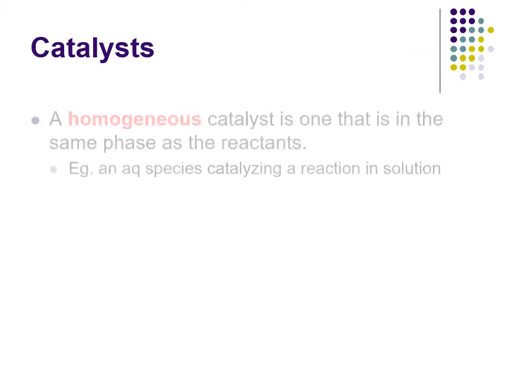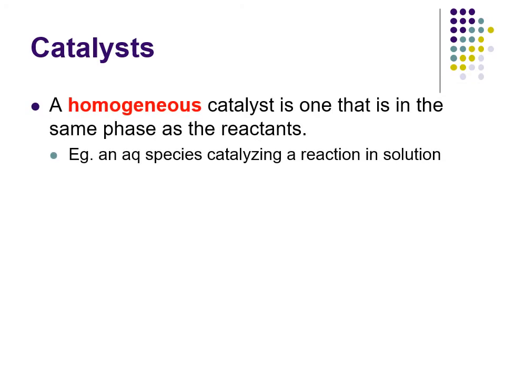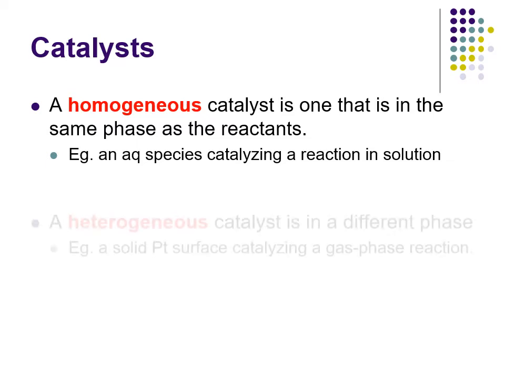All right, catalysts. Two different types we're going to mention. A homogeneous catalyst is one that is in the same phase as the reactants. So if you have a liquid catalyst and it's working on an aqueous species, that would be a homogeneous catalyst. Or if you had a gaseous catalyst that was working on gases, that would be a homogeneous catalyst in the same state or phase as the reactants.